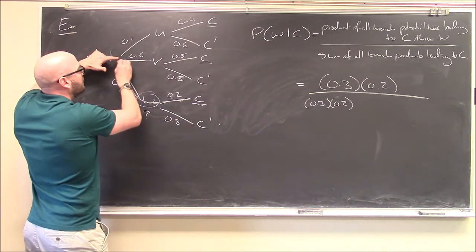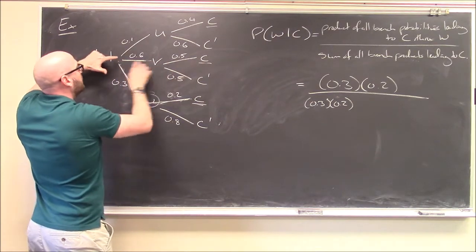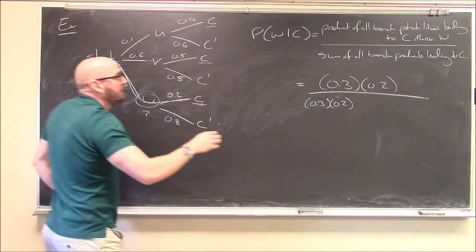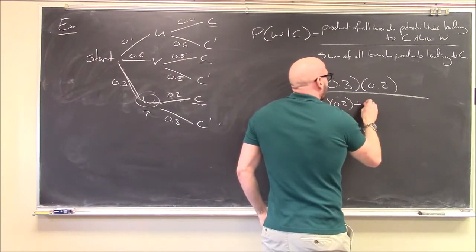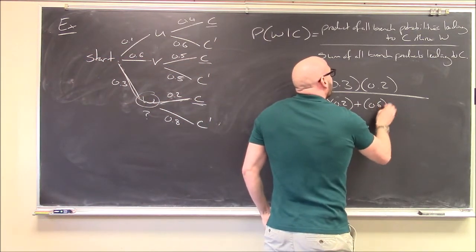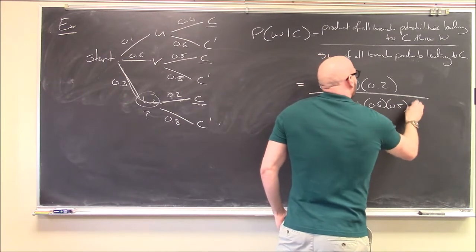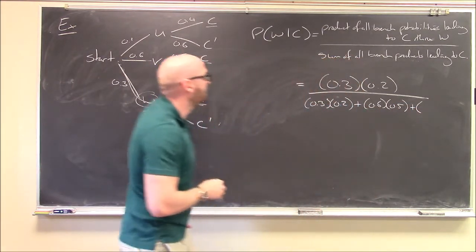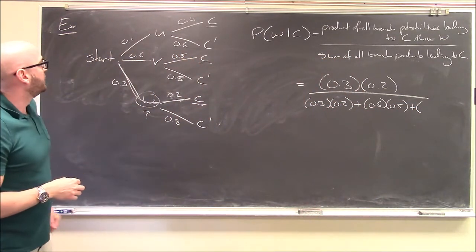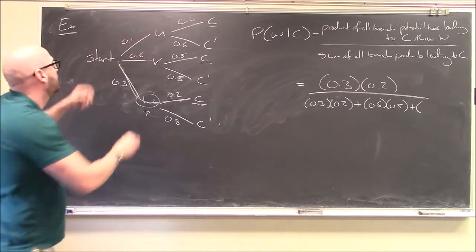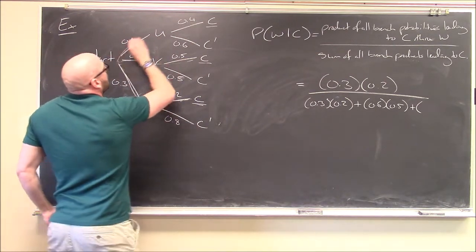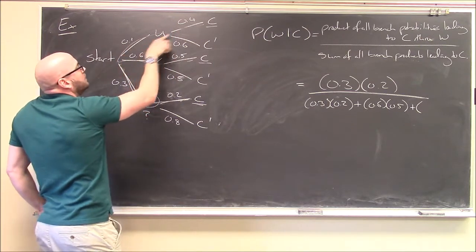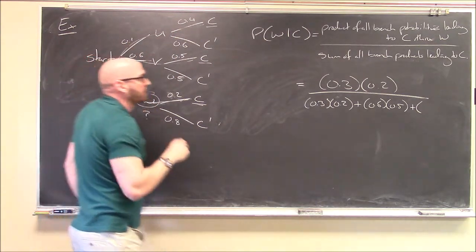Well, I can go through V and then on to C, so 0.6 times 0.5, and I want to add that because I'm taking the sum of all these branch products. Plus, last but not least, there's another way to get to C: through U and then on to C, so that's 0.1 times 0.4.